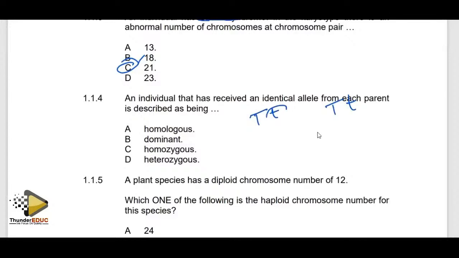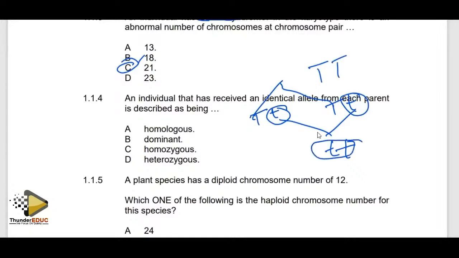Now, if the baby gets small t and small t, or capital T and capital T, it means that these 2 alleles are the same. So how do we call that individual which receives those 2 alleles? Because they are the same, it is homo.